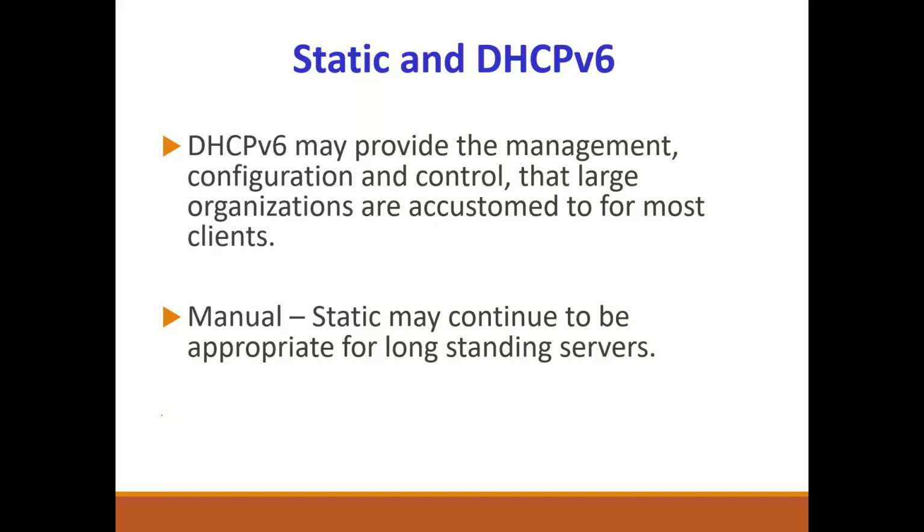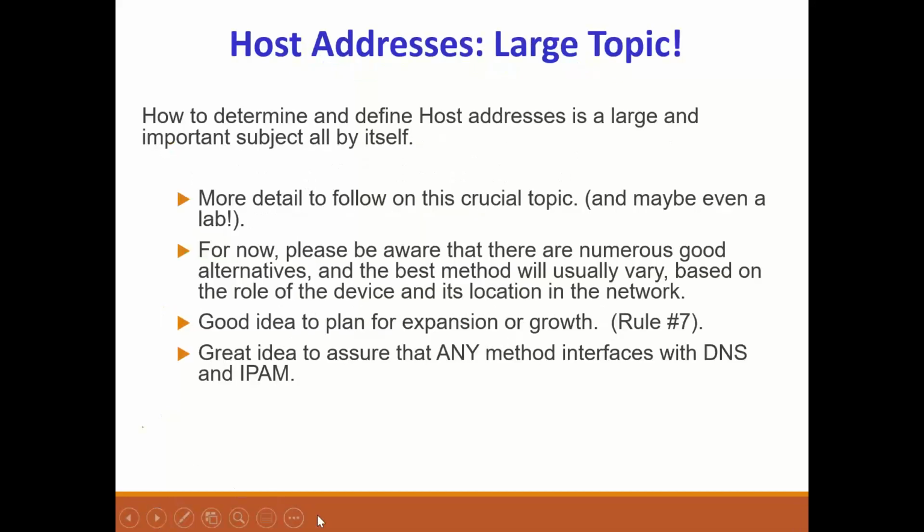And manual static, I think, will still be big for our long-standing servers. I think we like those to have static addresses, and we like to control what they are. But know that you can use whatever makes sense to you for your needs, for your use cases, and for your organization. And you can have multiples.